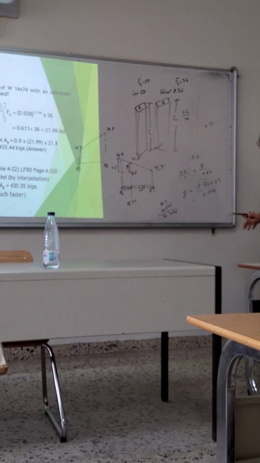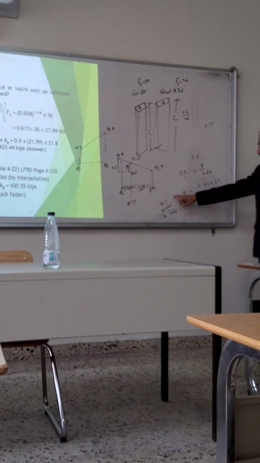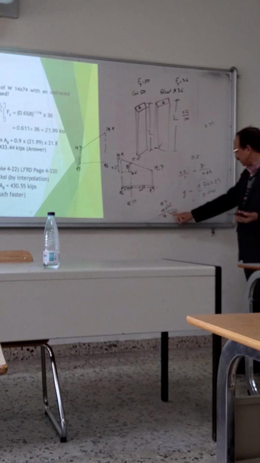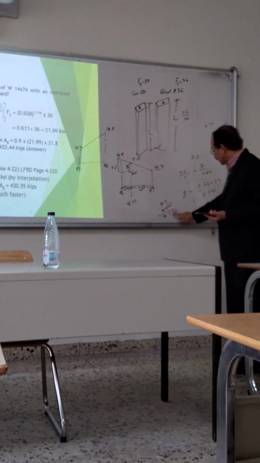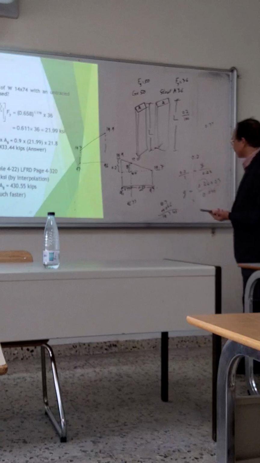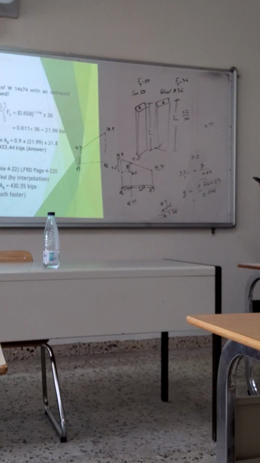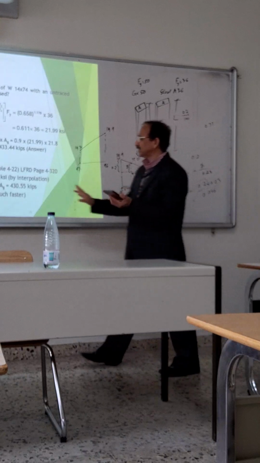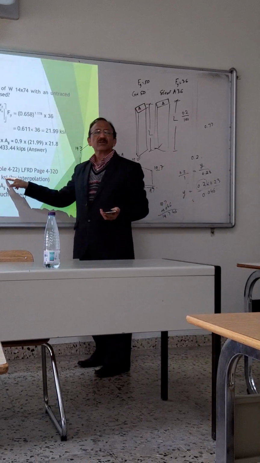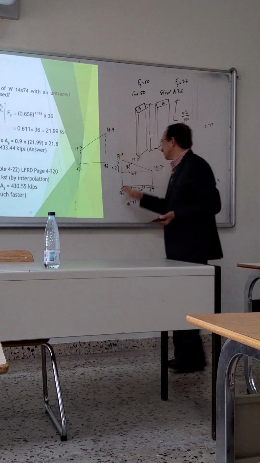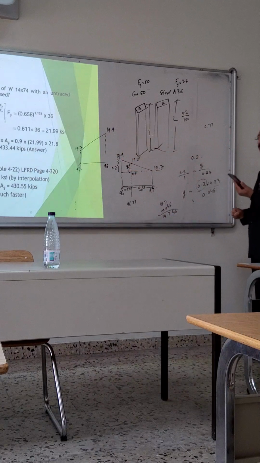So 19.7, when you add this number, 19.746, not 046. 19.746, and that value can be given. So that's why this value will always be an approximate value, not exactly the same. Or we can use this one.